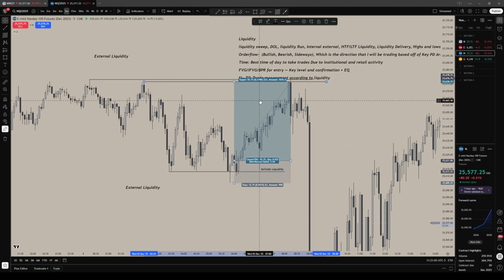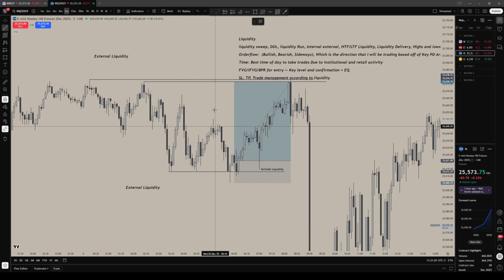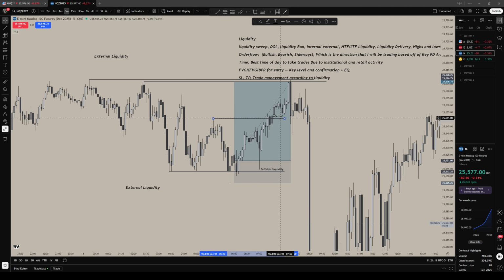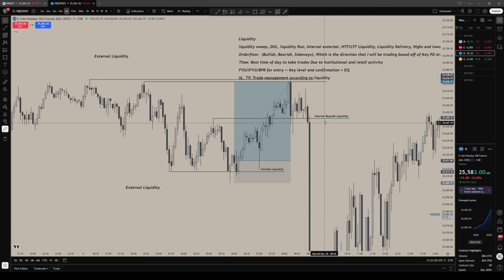Now you would have hit this trade, but right here, this swing high, is your first point of internal buy side liquidity. And what did I state before? Price likes going from buy side to sell side. In a different world, your trade sadly can hit here and go down. It can, and it does, and it happens all the time.